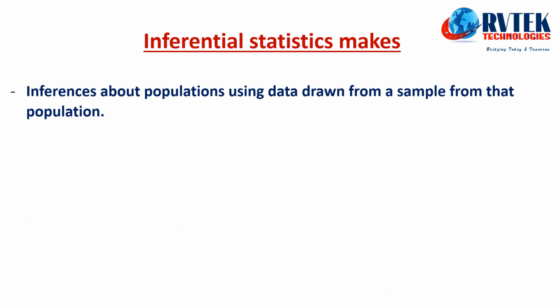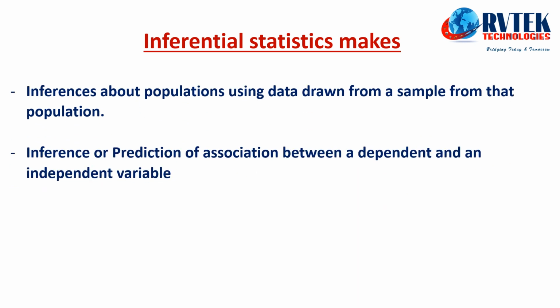Inferential statistics makes inferences about the population using the data drawn from a sample from that population. First, a sample is selected from the population, data is collected from the sample, data is analyzed. Based on the findings of the data, inferences about the population are made.